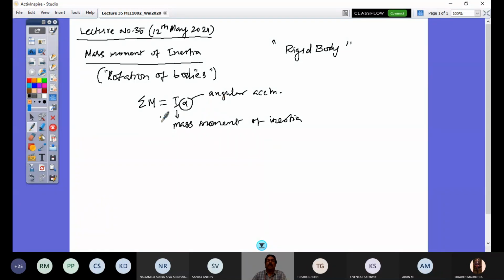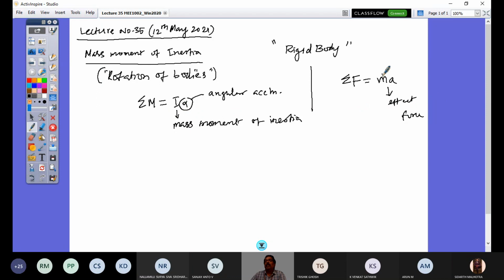We require this mass moment of inertia, which is analogous to the other way we were looking at. If any unbalanced force is present in the body because of the action of forces, that would cause mass times acceleration, an effect force, in the body, and the body will accelerate in the direction of the unbalanced resultant. That is Newton's second law, and the rotational one is the Euler equation.